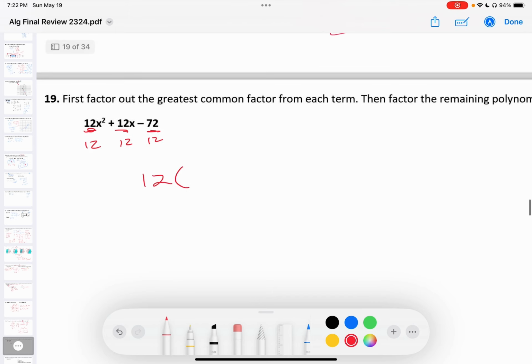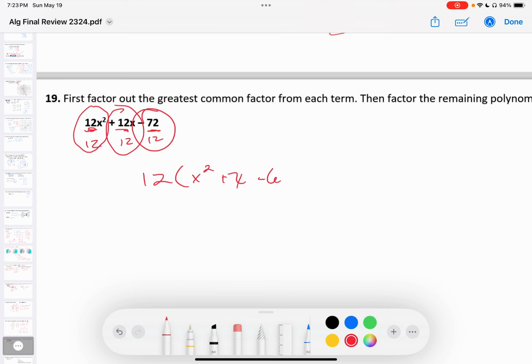So that is my GCF. 12x squared divided by 12 is x squared. 12x divided by 12 is x, and negative 72 divided by 12 is negative 6. So I got the 12 out in front, then I've got this trinomial now, x squared plus x minus 6.